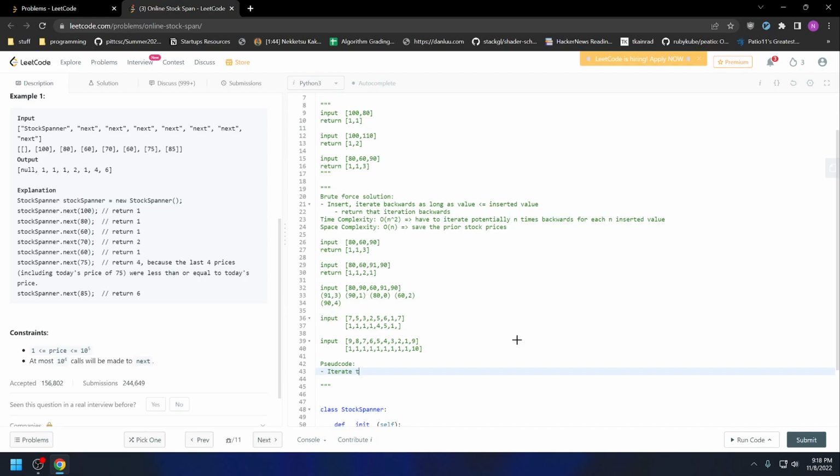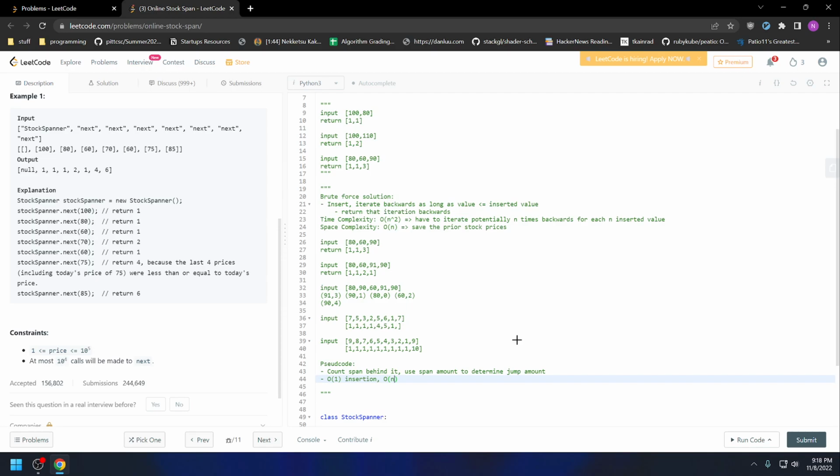So iterate through each number. Okay, count span behind it. Use span amount to determine jump amount. O of 2, O1 insertion, O of n, potentially O of n.